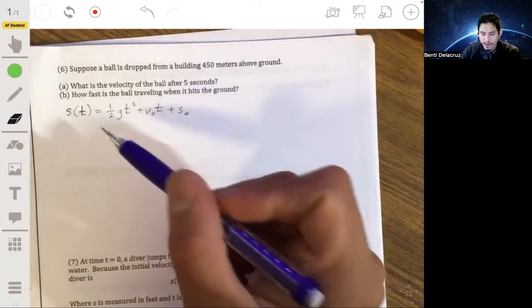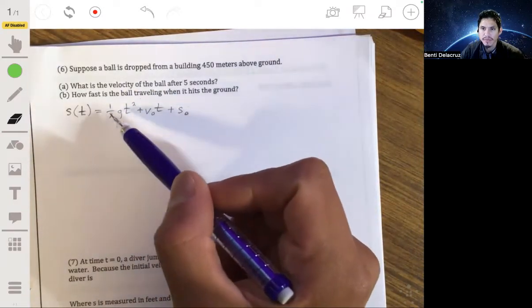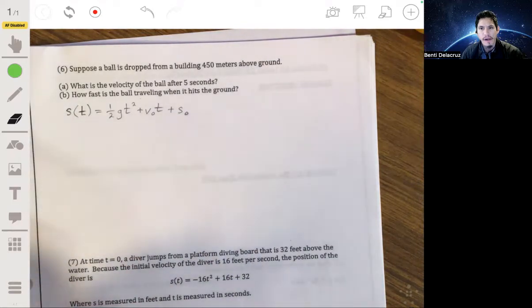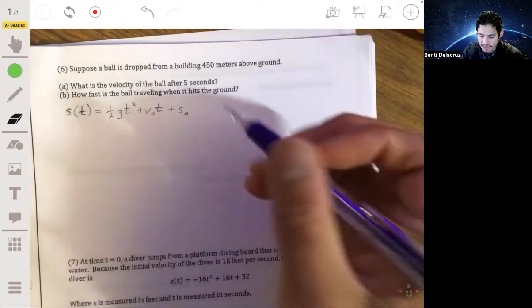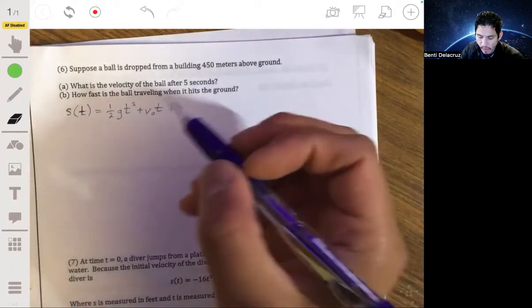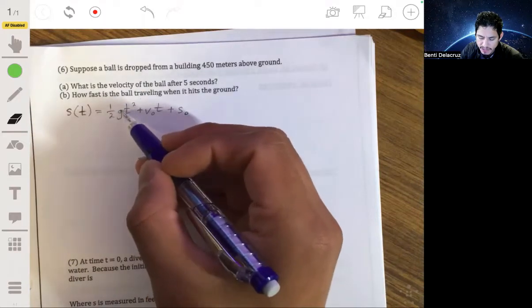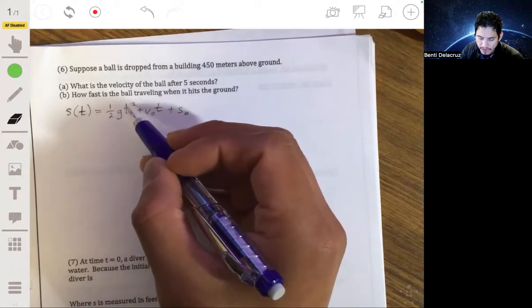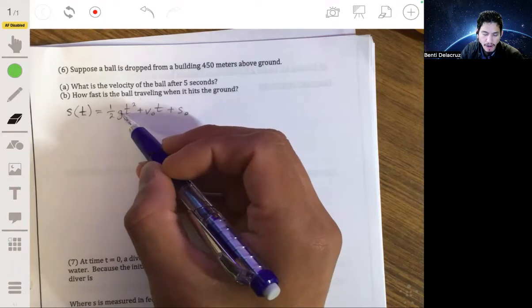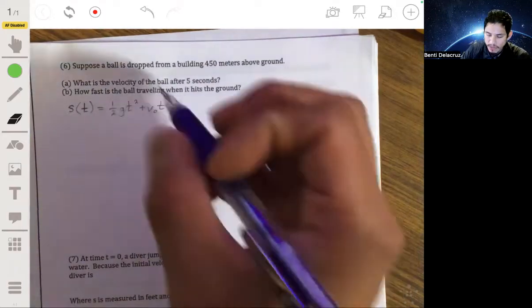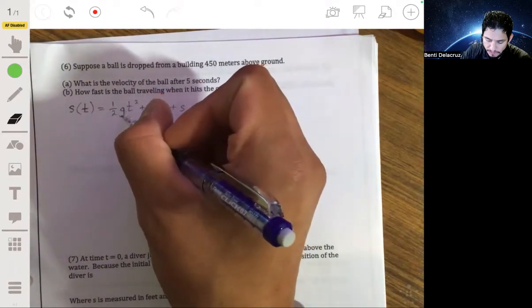So when we're talking about a projectile, we're talking about what its position is above the ground, above the surface. So we're talking about a vertical position, basically the position in the y direction, and it's 1/2 g t squared. This g is actually the acceleration due to gravity.